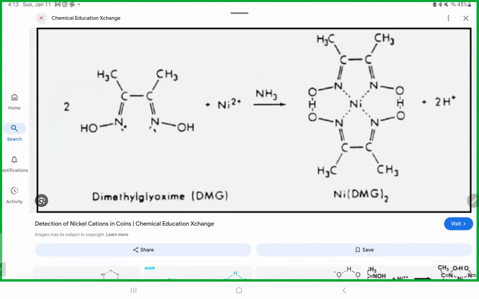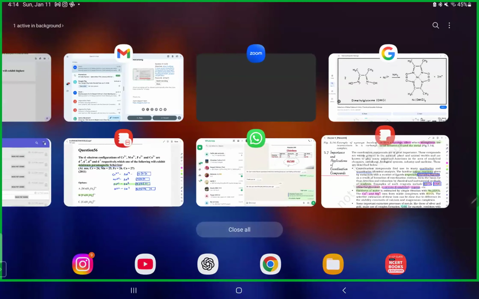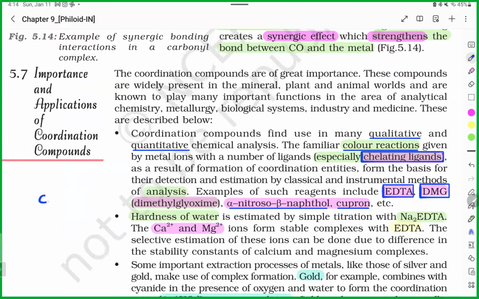So this is dimethyl glyoxime. I will show you why I am asking this, but write this formula. Two carbons, CH3, CH3. You have nitrogen, you have nitrogen.